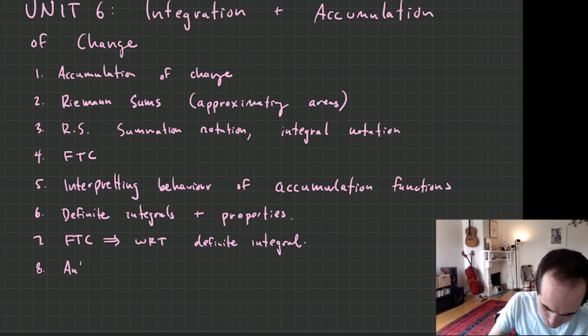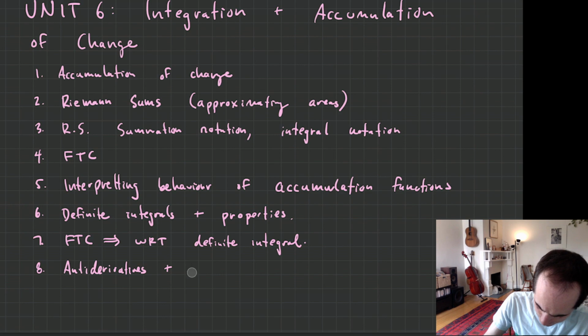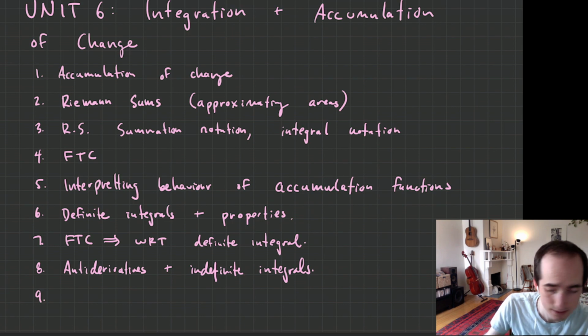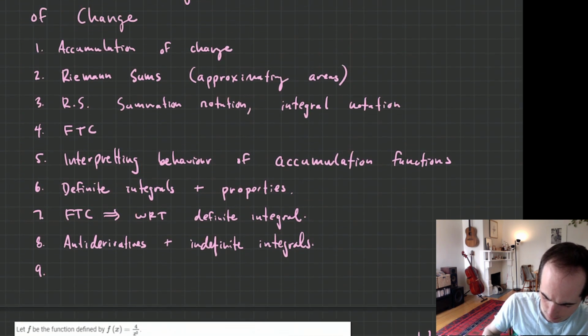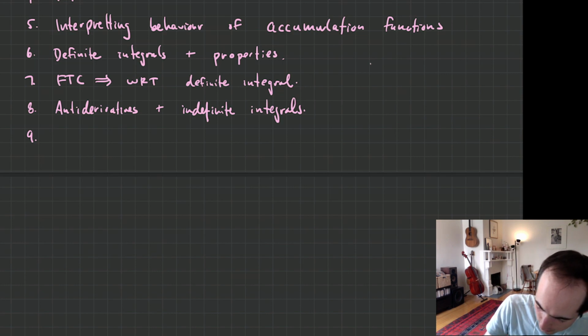So I'll write antiderivatives and indefinite integrals. Okay, 6.9 is, let's see, I'm going to have to insert one more page. There we go. Yeah, what's up? With respect to.